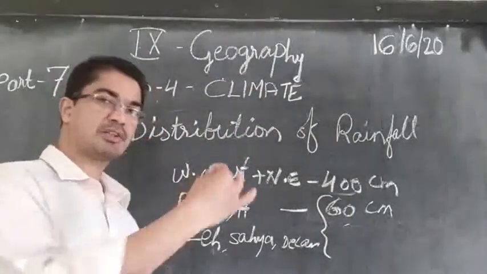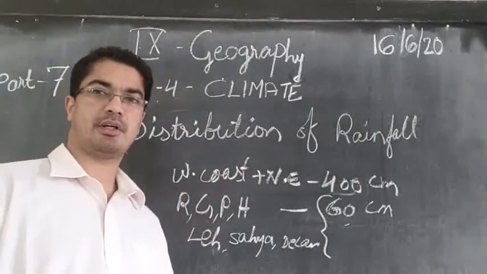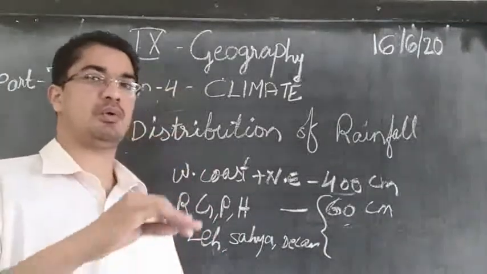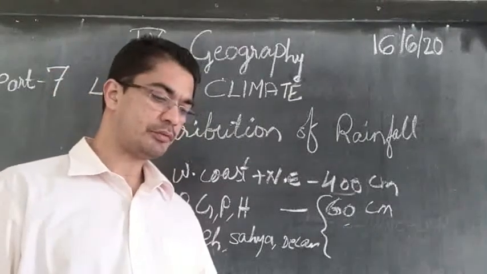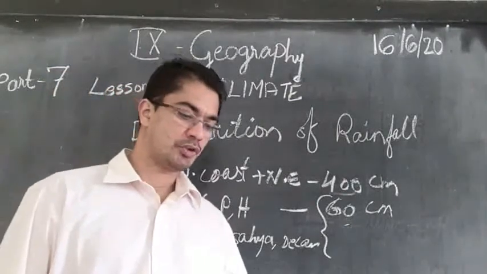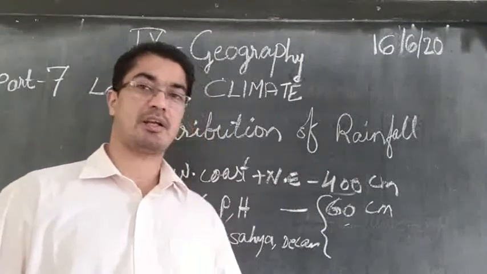And the other parts of the country receive moderate rainfall, not very high and not very low. They are just receiving average rainfall. And snowfall is restricted to the Himalayan region.